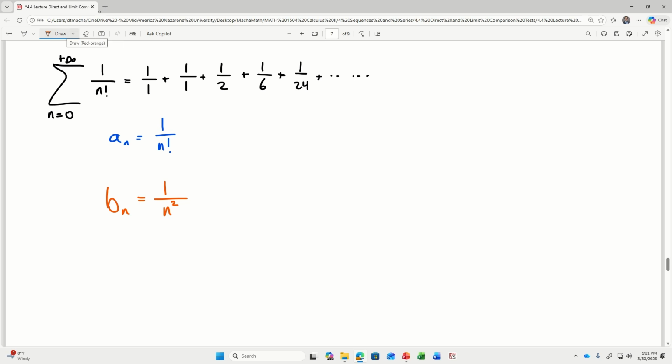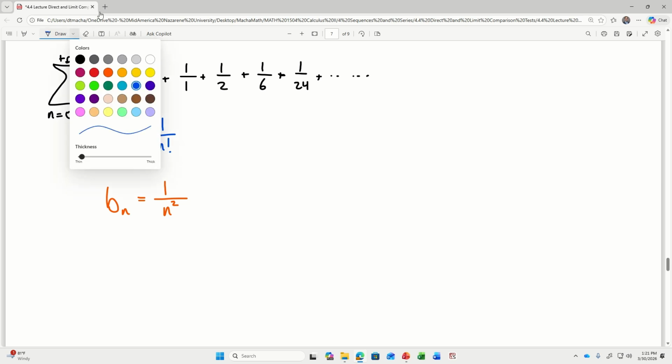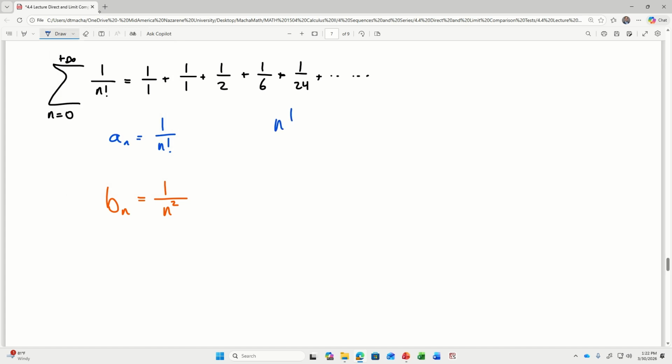Is that n factorial is going to be greater than n squared for all n greater than, let's see, 1, 2, 3, 3.